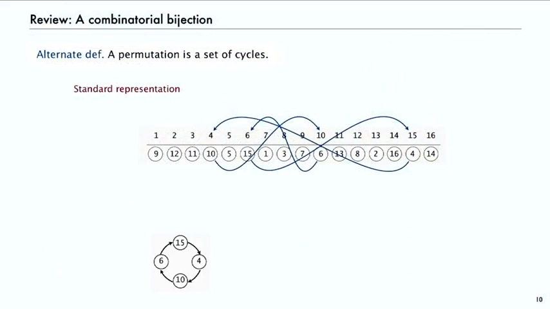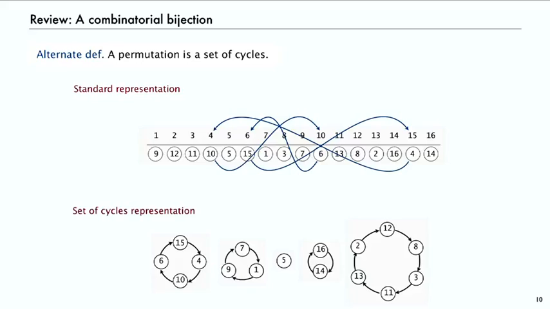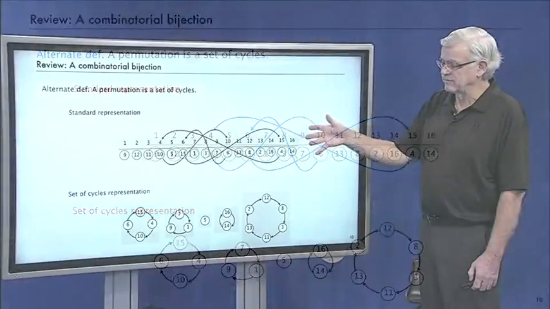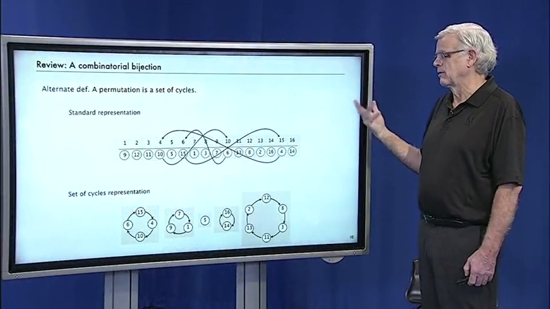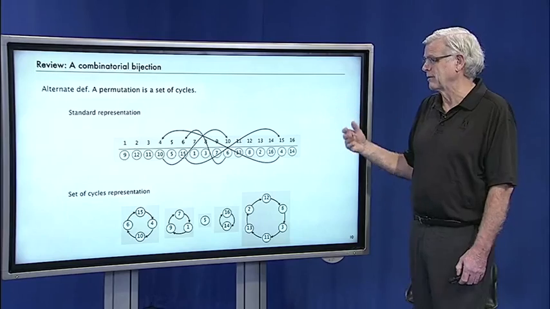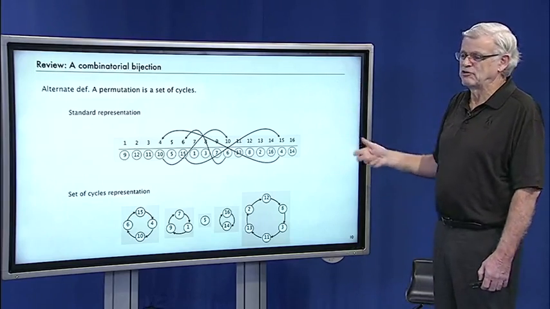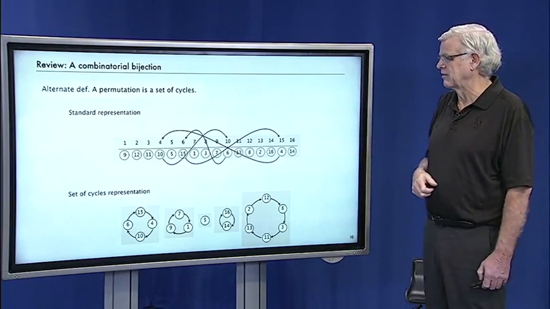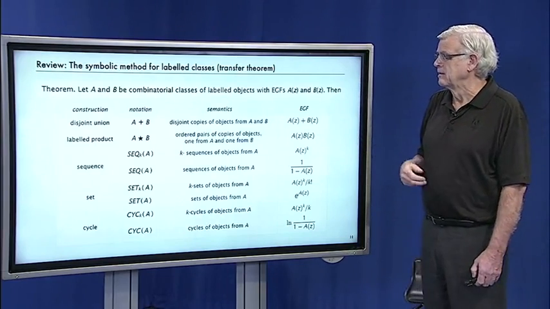So doing that for every position in the permutation, we saw that there's a set of cycles that's equivalent to any given permutation. And with that set of cycles representation, we were able to analyze interesting properties of permutations. I mention that because we're going to extend some of that analysis later on.